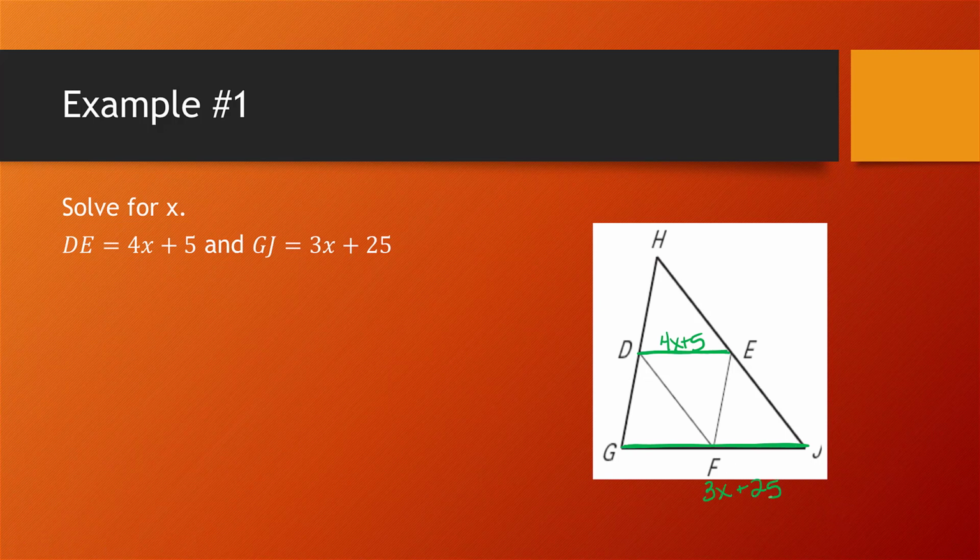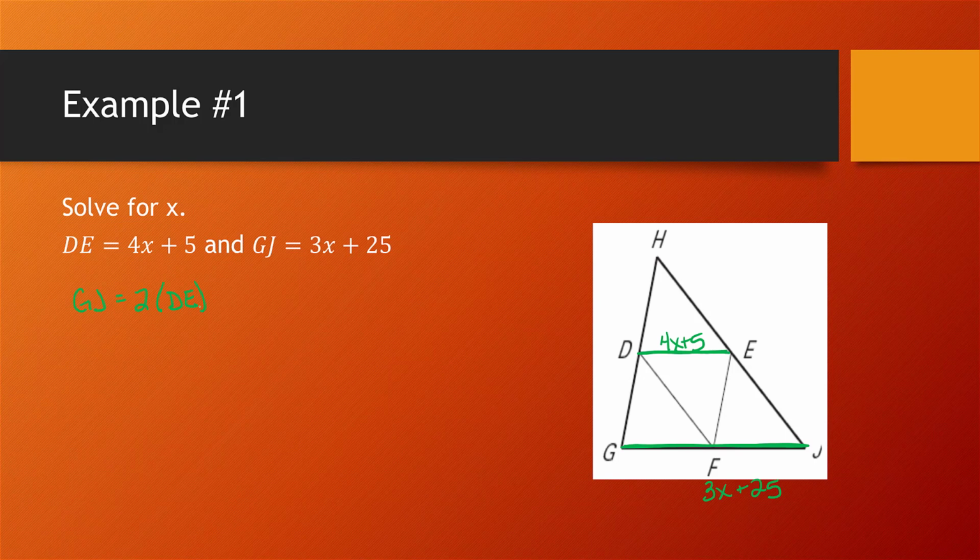So we need to ask ourselves, what is the relationship between these two segments with these expressions? Well, GJ, we know, is twice DE, right? The side is twice the midsegment.